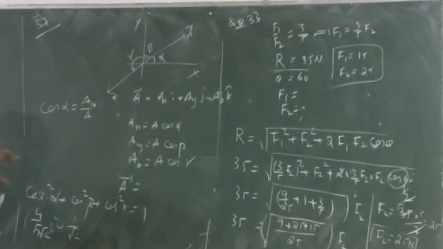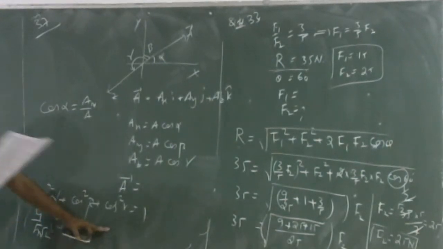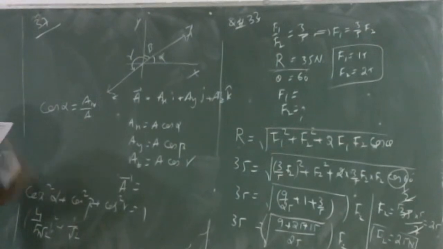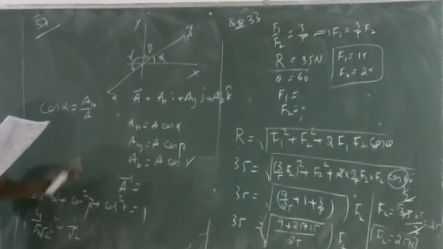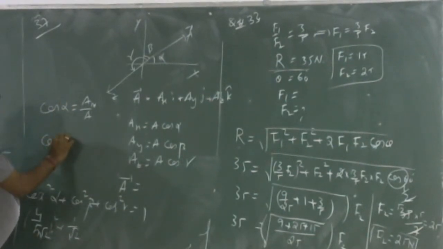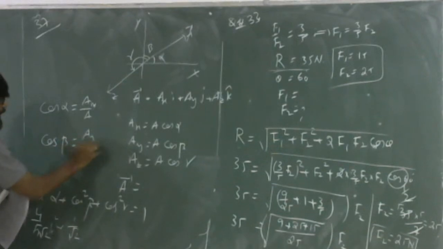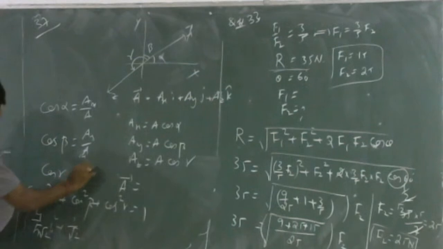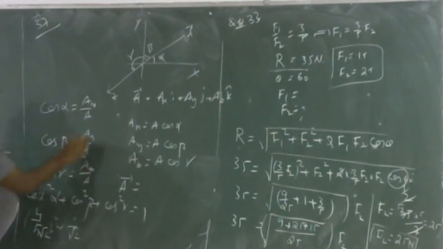Why I am taking this relation is to find A. Cos alpha is Ax by A, cos beta is Ay by A, and cos gamma is Az by A. The denominators of every term should be common.